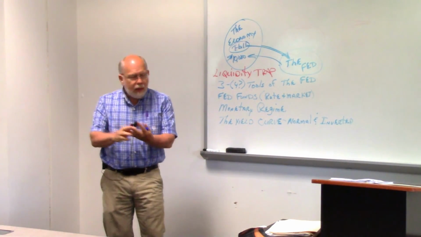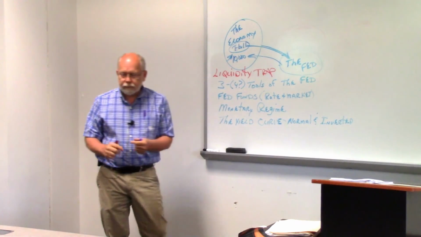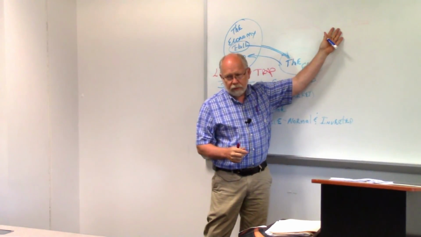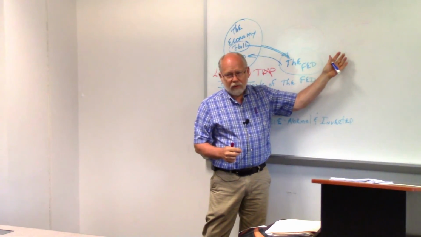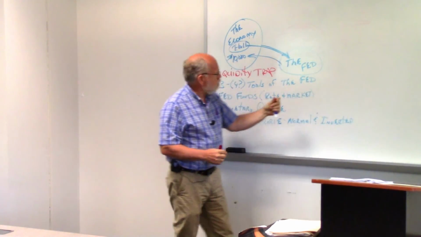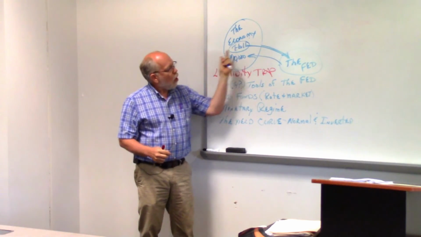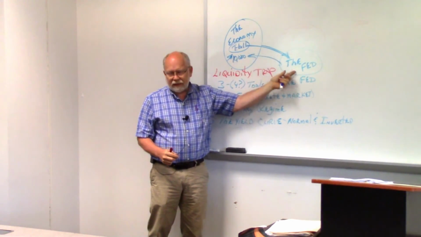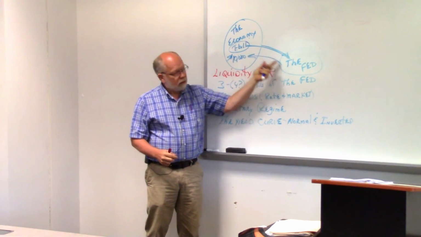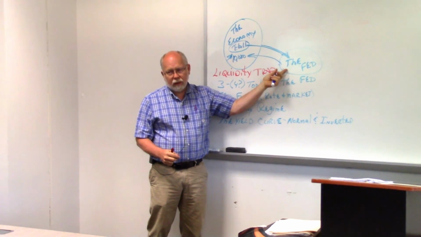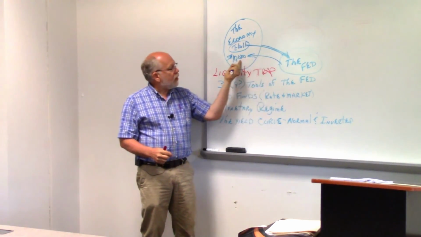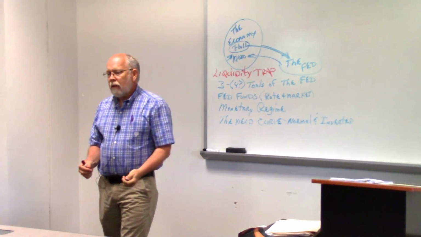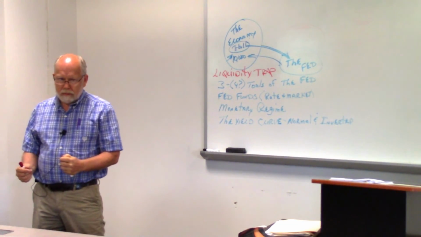So the three major tools of the Fed: when the Fed controls the required reserves, when the Fed controls the discount rate, and when the Fed conducts open market operations, buying and sells in the economy, it either increases the money supply or decreases the money supply, depending on whether it's buying or selling.